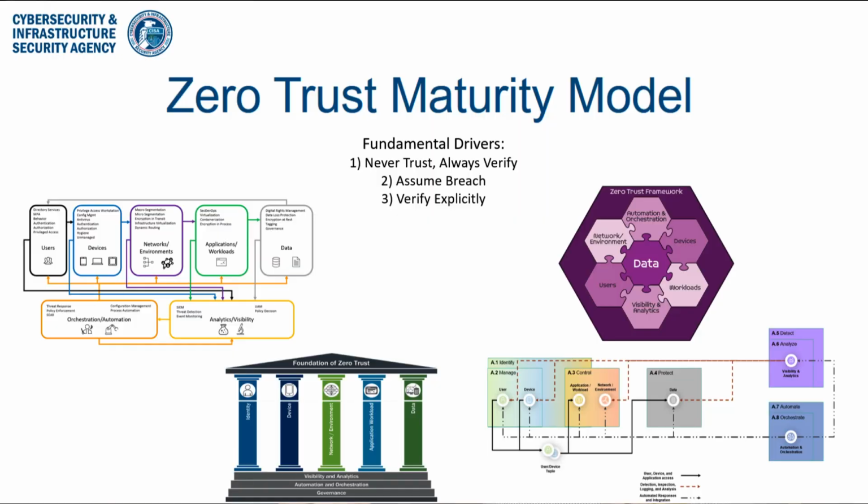As long as that message was floating around somewhere in the car, it was trusted. Too much trust. Exactly. So the fundamental drivers, as CISA put it in their maturity model, are never trust, always verify, assume breach, and verify explicitly.